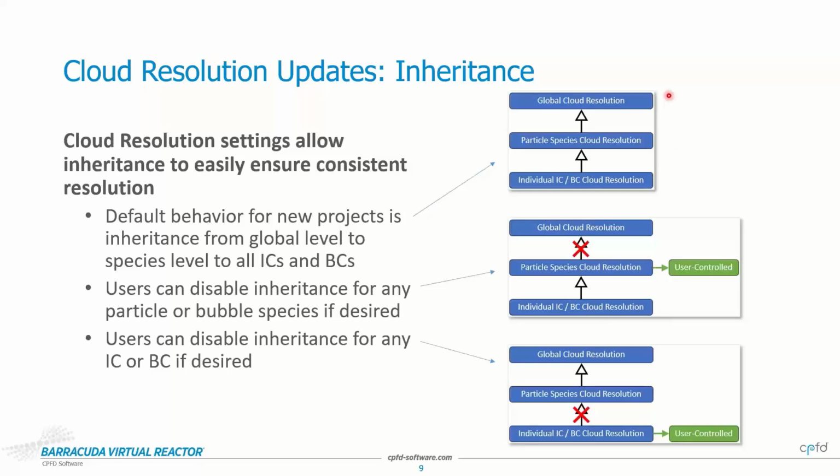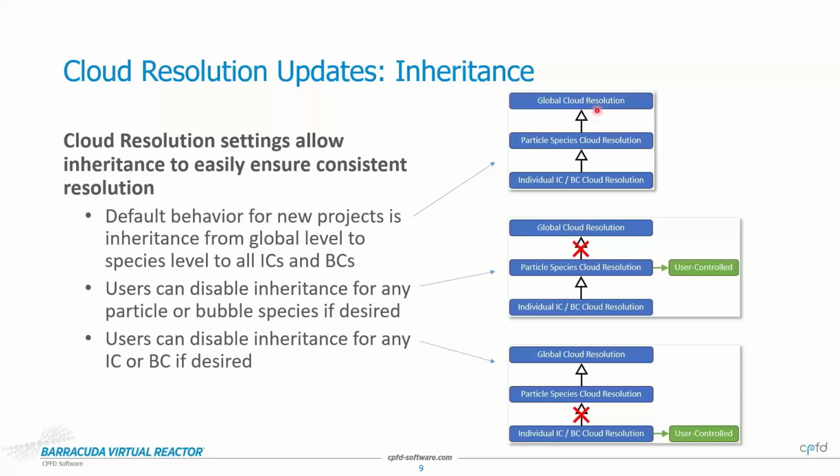And similarly, all ICs and BCs inherit the cloud resolution setting from the species level. With this default approach, the user only needs to specify a cloud resolution setting once at the global level. And then all ICs and BCs will use that setting, and all clouds in the system will be of similar volume, which is often the desired behavior that you want in your simulation.